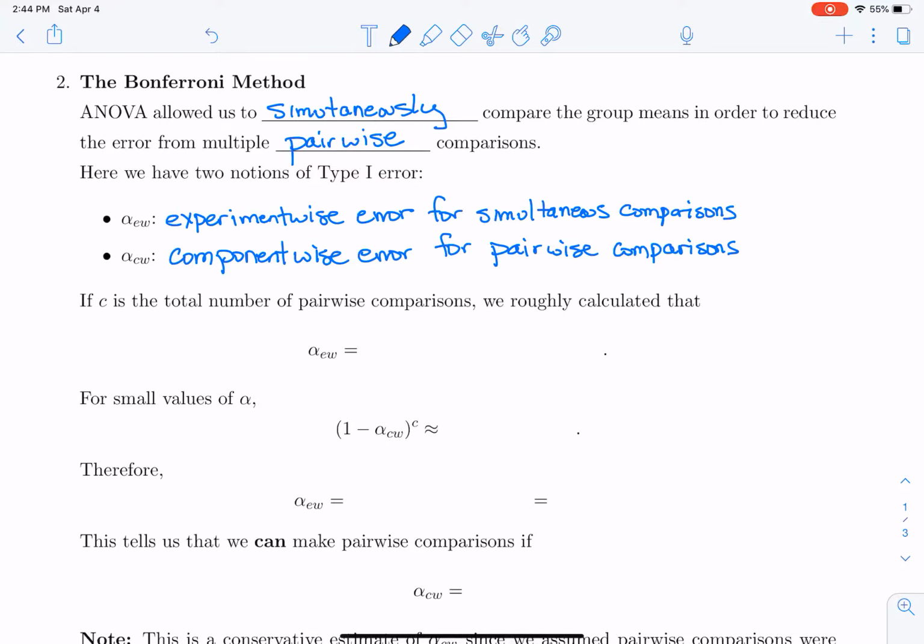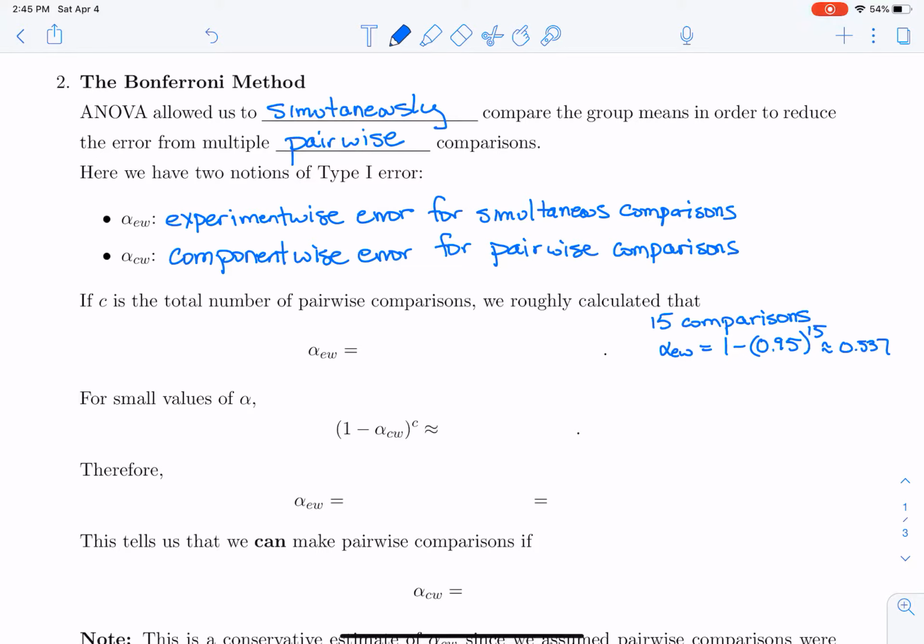For example, we saw that if we wanted to do pairwise t-tests for our smoking example, we would have 15 comparisons that we would have to make. And we found that the probability of at least one type 1 error, which we would call the experiment-wise error, was 1 minus 0.95 to the 15th power, which was about 53.7%.